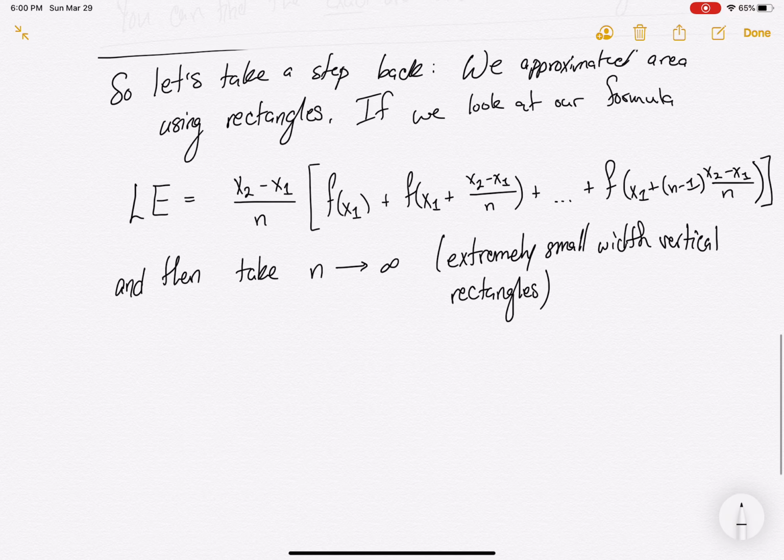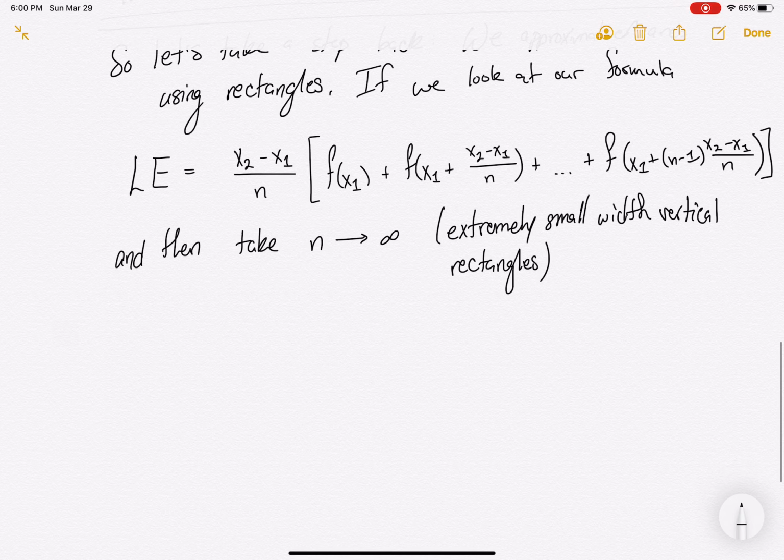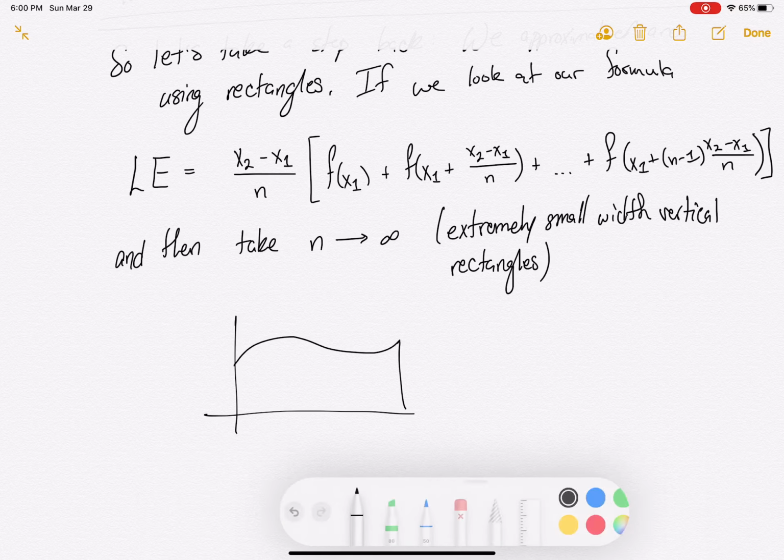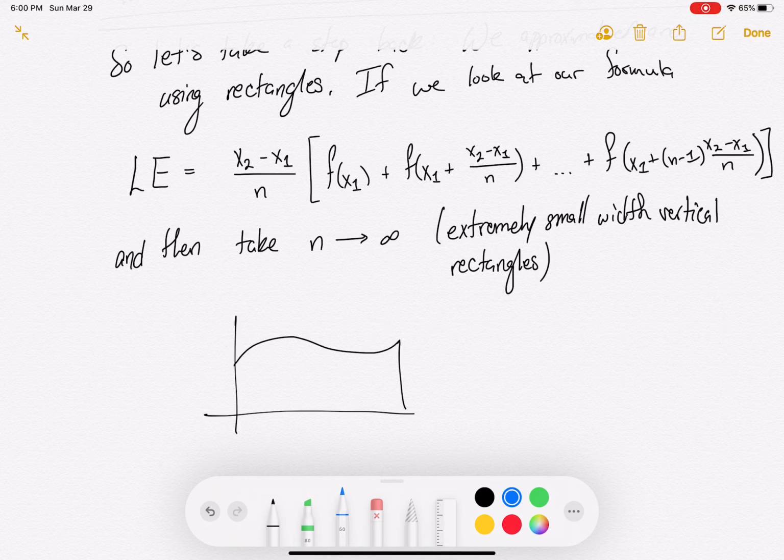All of a sudden, when we're calculating the area of something, let me give myself a curve here, the area that we're calculating is these really tiny vertical rectangles.